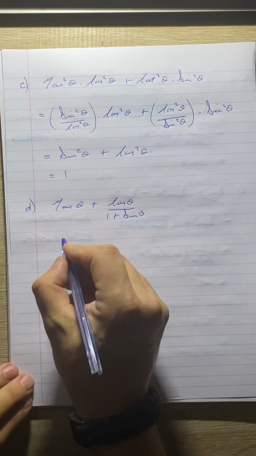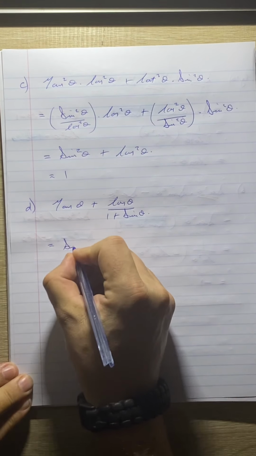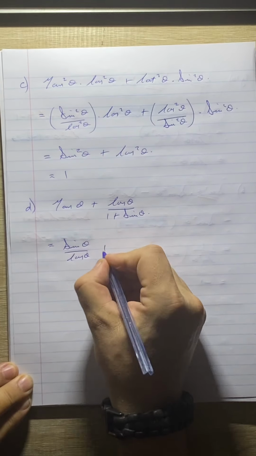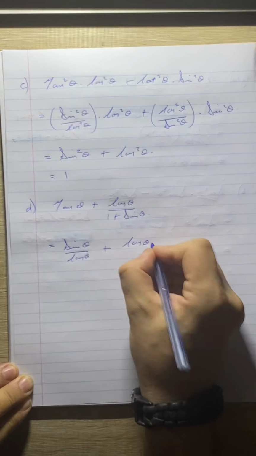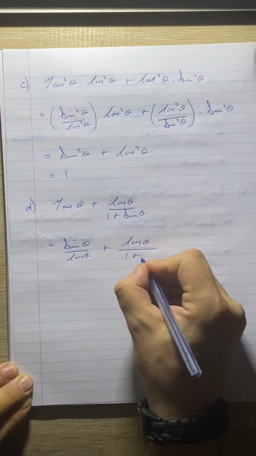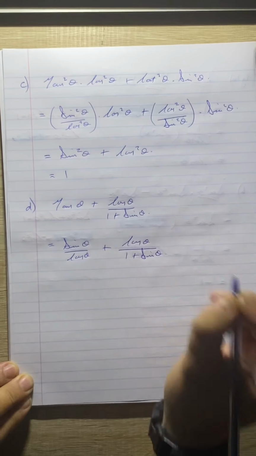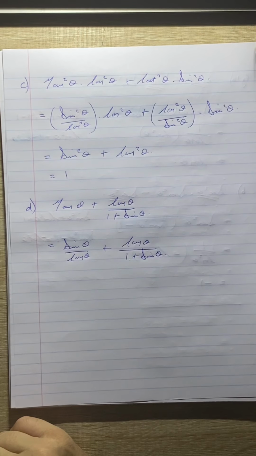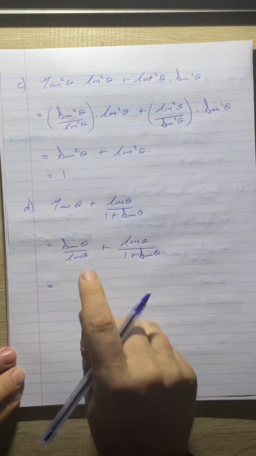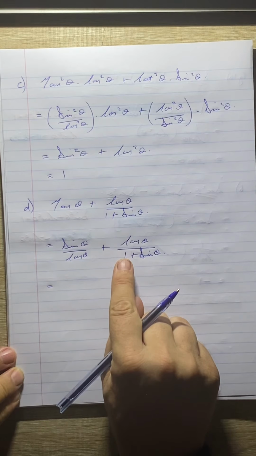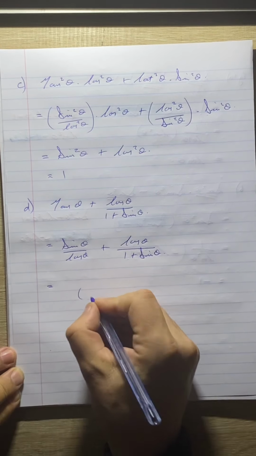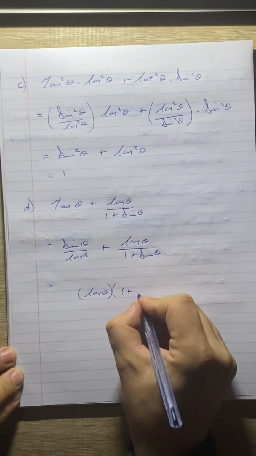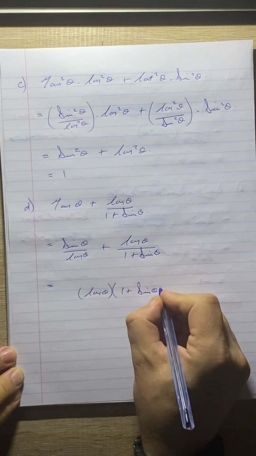So that becomes sine theta over cos theta plus cos theta over 1 plus sine theta. All right, grade 11. So you remember when you're adding and subtracting fractions, we need to find an LCD. So our LCD here will be cos theta multiplied by 1 plus sine theta.